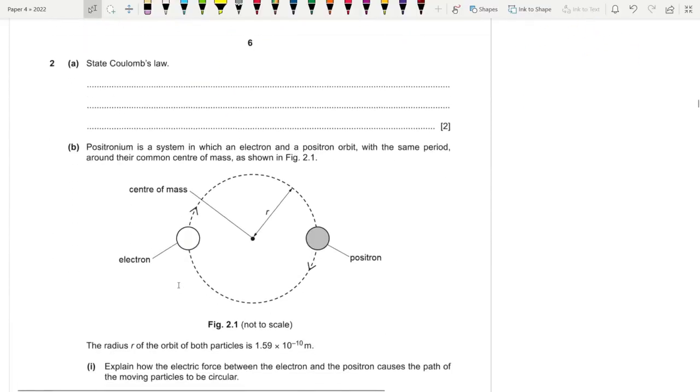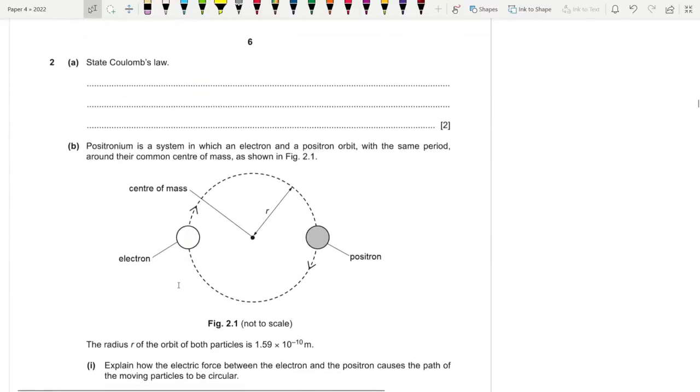Okay, so moving on to question number 2. State Coulomb's law.